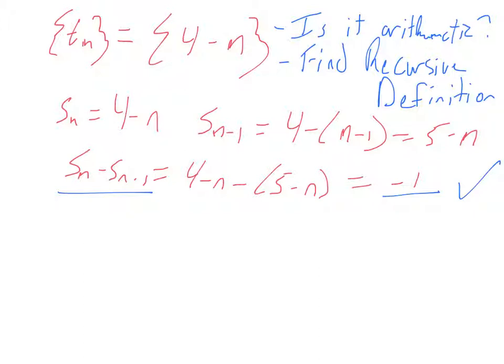Find the recursive definition. D is negative 1, and t sub naught is going to be equal to 4.